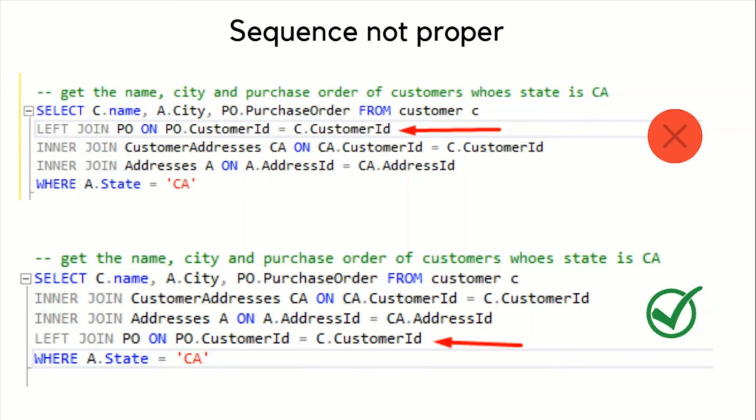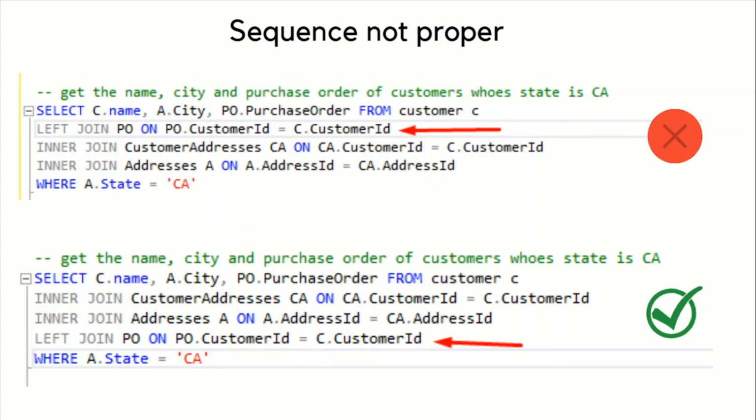In this example, you can see that in the first screenshot, we first use the left join and then use the inner join. It will give the proper output, but it will impact your query performance. Here with a left join, we use all the left table's data and retrieve the matching data from the right table.